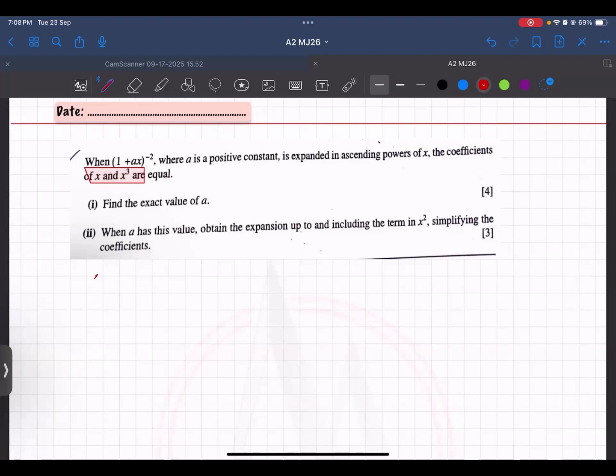So we will definitely have to expand this, and whatever coefficients we get for x and x cube, we will equate them and get the value of the unknown. If we expand this, it starts with 1.